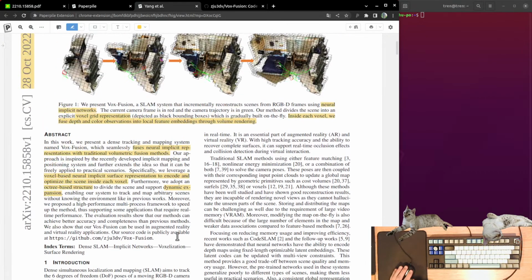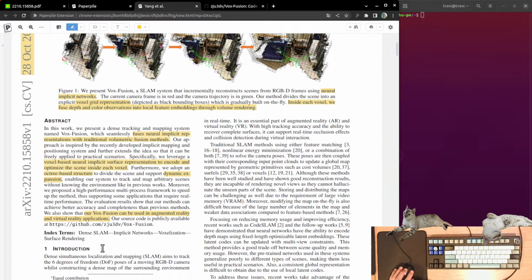So I'm curious to see how they make it work. Okay, our Vox-Fusion can be used in augmented and virtual reality applications. That actually sounds super cool.